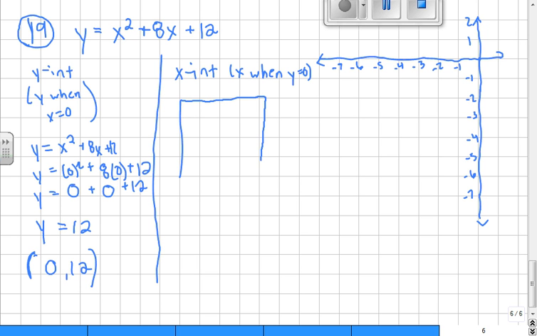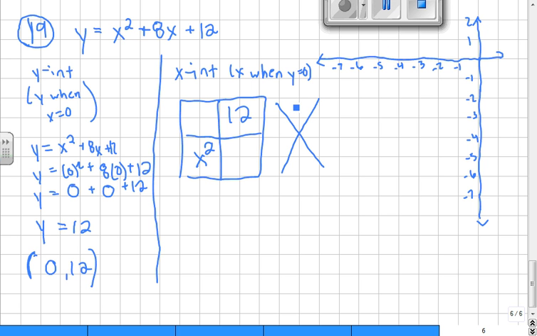So we have a diamond and a generic rectangle. So we have x squared and 12. X squared times 12 is 12x squared.